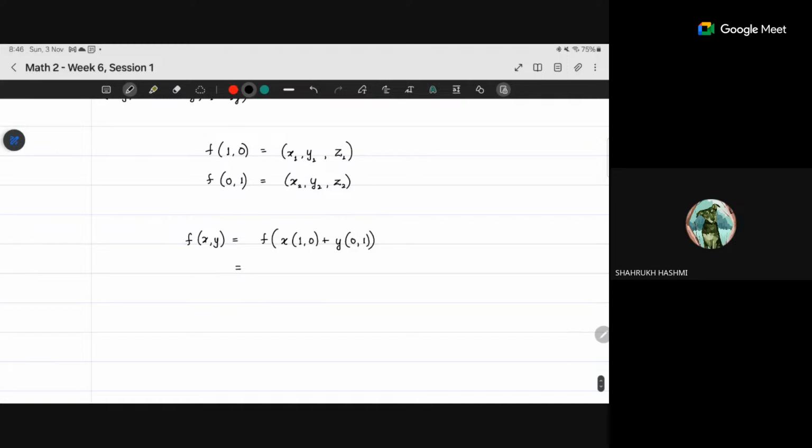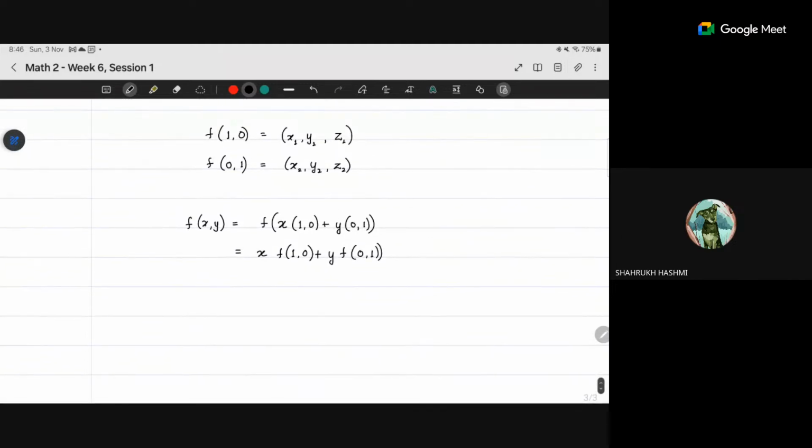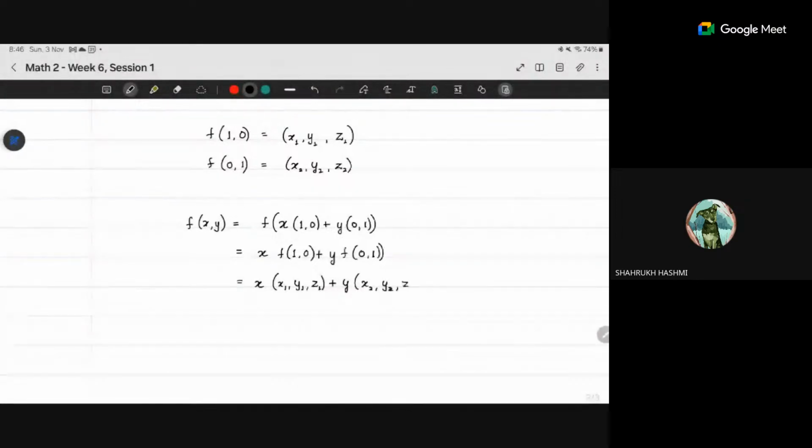And using the linearity properties of the transformation, I've used them to say that this is the same as x times f of (1, 0) plus y times f of (0, 1). So this is x times (x1, y1, z1) plus y times (x2, y2, z2).